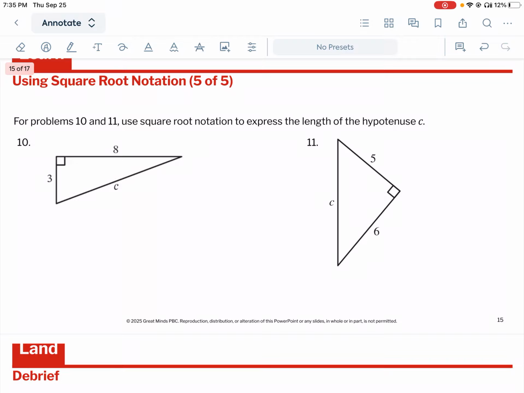For problems 10 and 11, it says to use the square root notation to express the length of the hypotenuse. All that means is to leave it that way once you get to your answer.